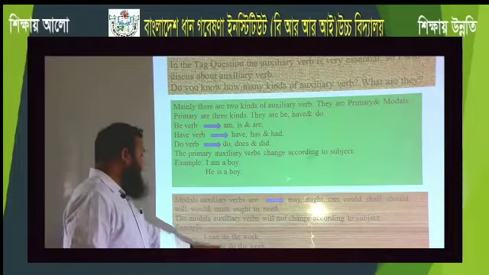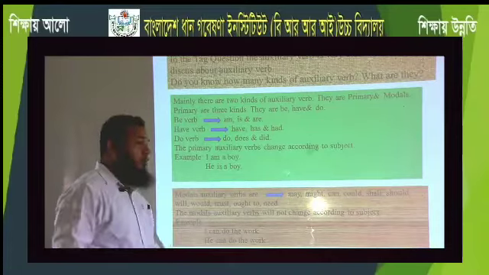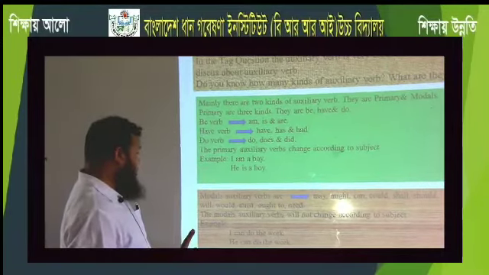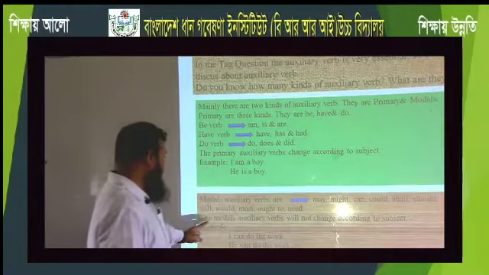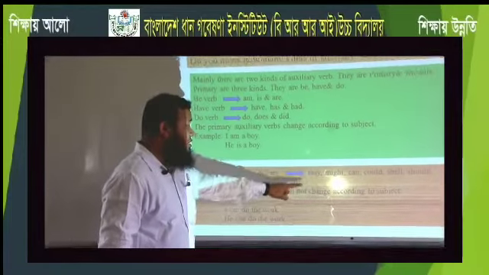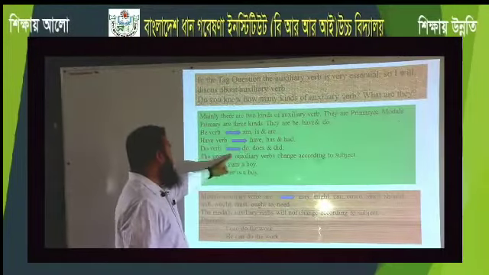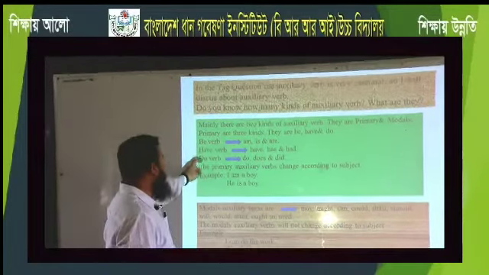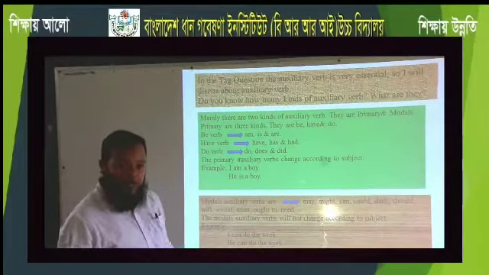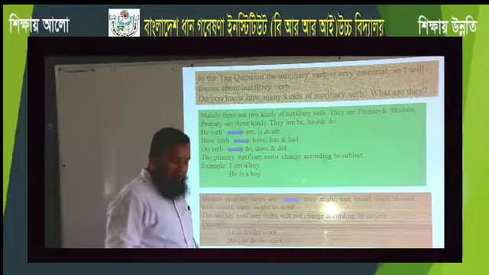At the same time, he can do the work, here can is also a modal auxiliary. So the important thing you have to remember is that modal auxiliary verbs will not change according to the subject. Be verb, have verb and do verb may change according to the subject, but modal auxiliary verbs never change, remember.